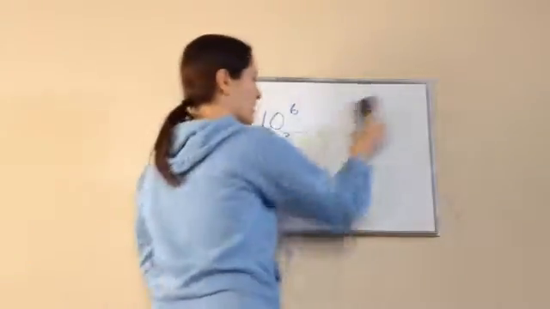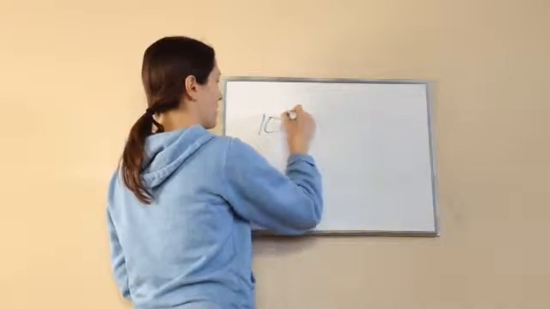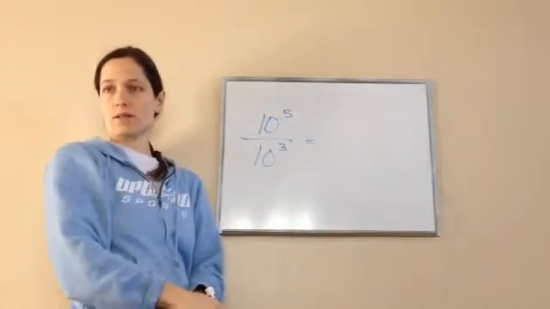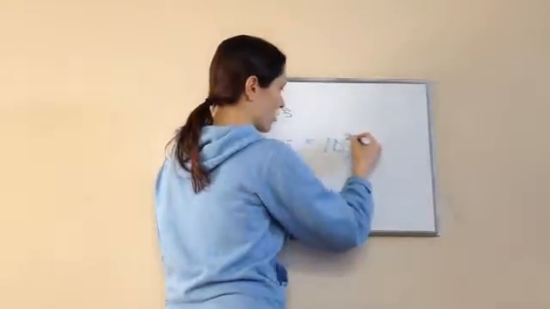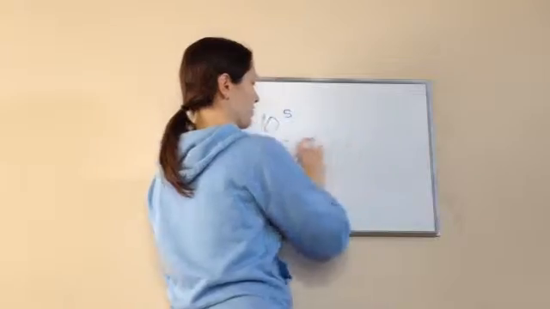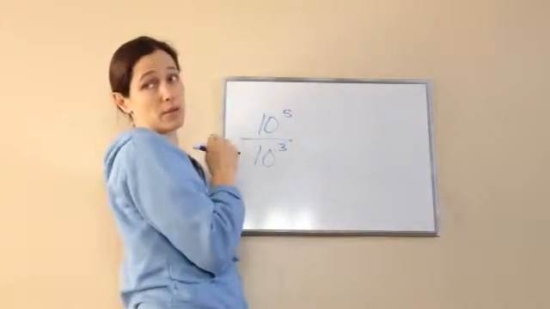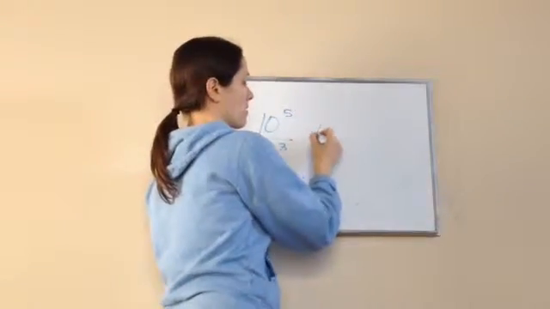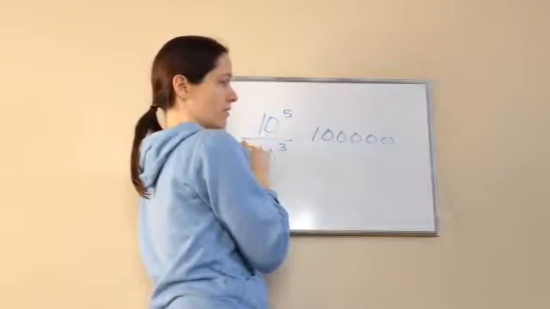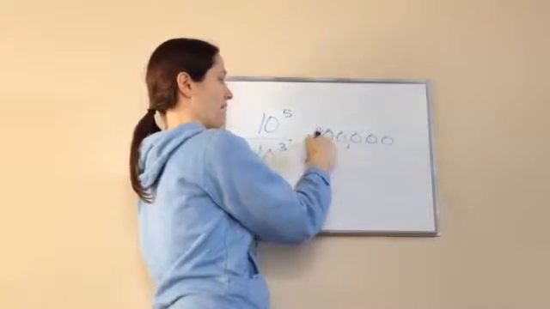So let's do a few of these. 10 to the 5th power divided by 10 to the 3rd. What would my answer be? 10 to the 2nd. So you're understanding it really well. But watch what happens when I make it into a standard number. What would 10 to the 5th power be? 100,000. 1, 2, 3, 4, 5. 5 zeros.